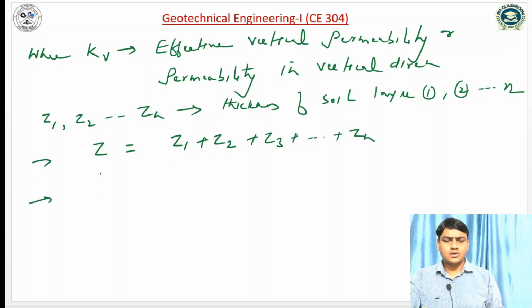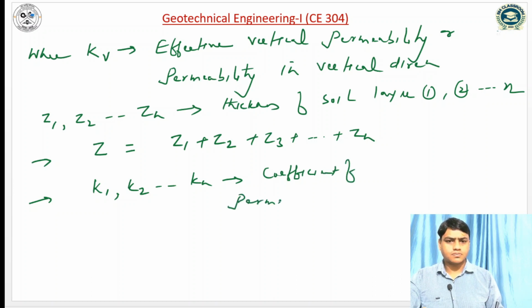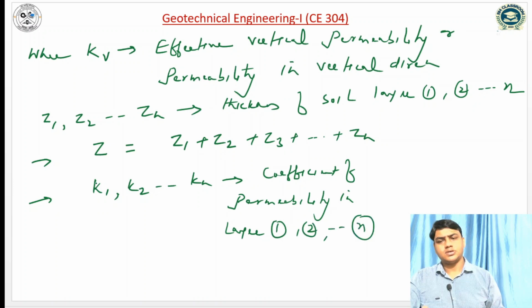And Kv already discussed. K1, K2, Kn be the coefficient of permeability in the first, second so on and so forth nth layer.